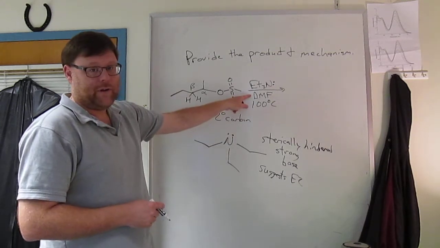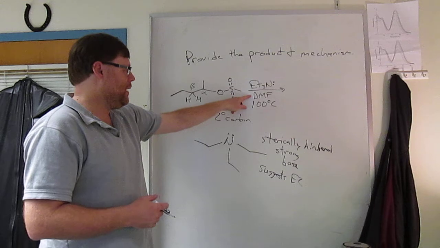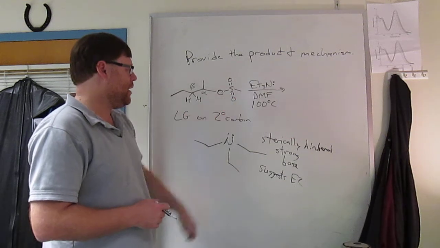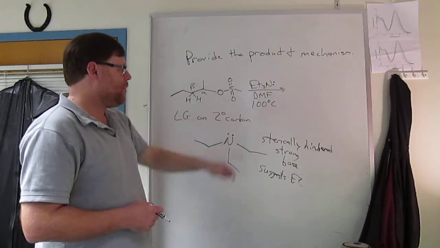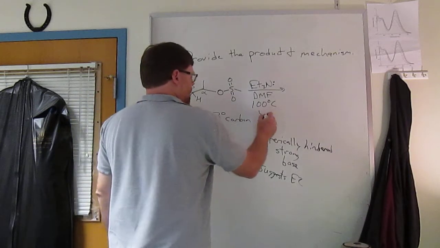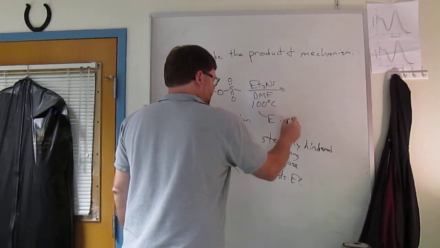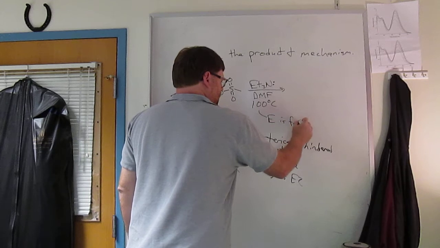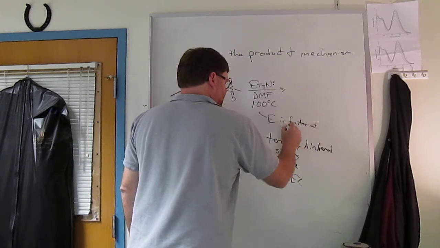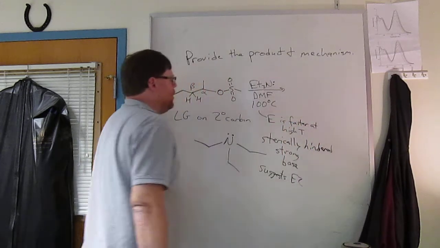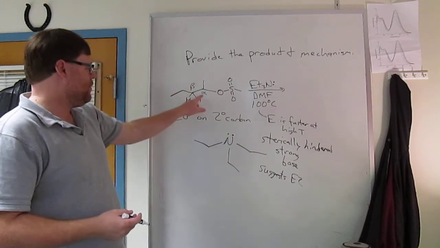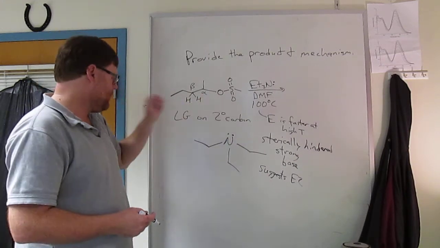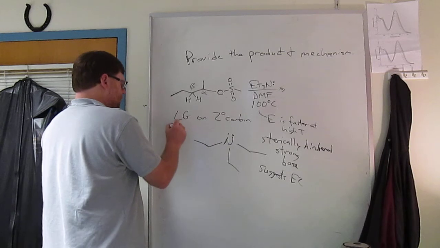Polar aprotic solvent supports E2, SN2 over SN1, E1. And we're doing this at a high temperature. E is usually faster at high temps. Okay, so all of this suggests we have a leaving group on a secondary carbon.